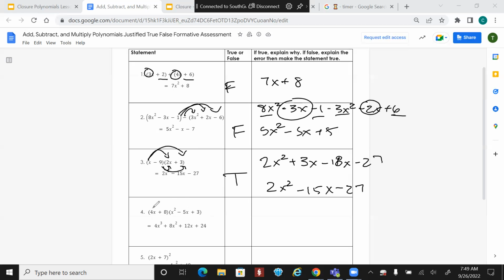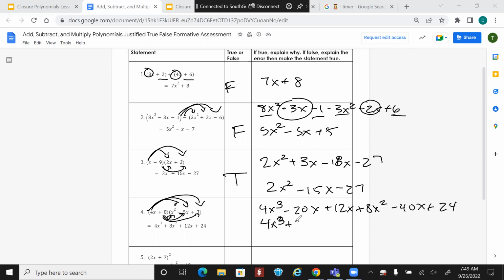When we multiply this next one, remember, we're going to distribute both things. So this is going to give me 4x cubed minus 20x plus 12x. When we distribute the other thing, we're going to get plus 8x squared minus 40x plus 24. When we combine our like terms, we're going to get 4x cubed plus 8x squared.